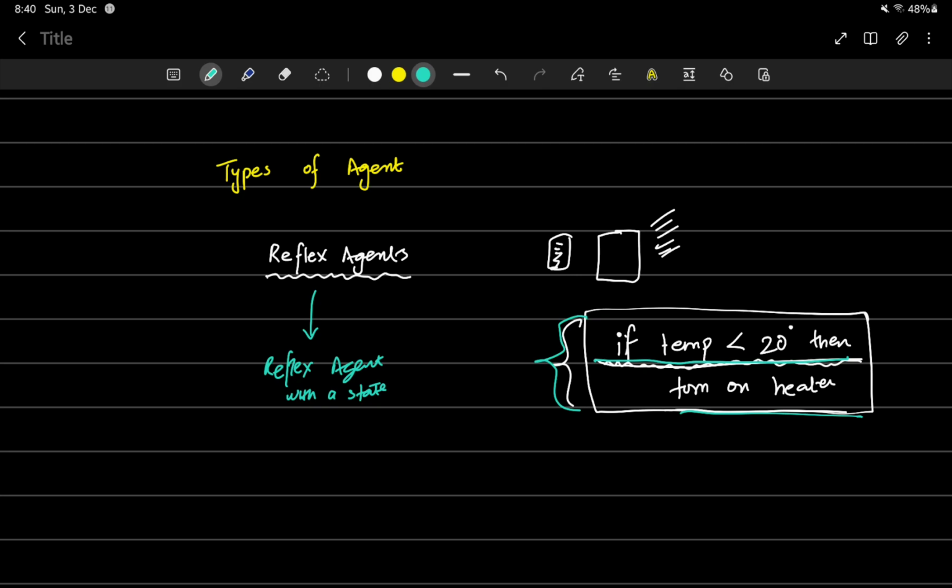So now, an example to better understand what I just said is an elevator control system, just like an elevator that you take. Now an elevator considers both the current floor button press and the direction in which it is going, right?